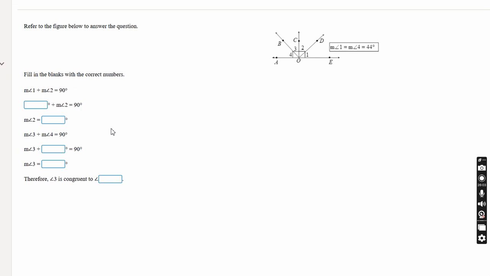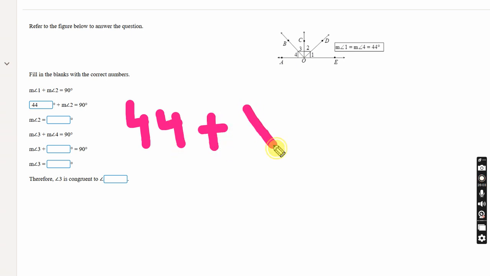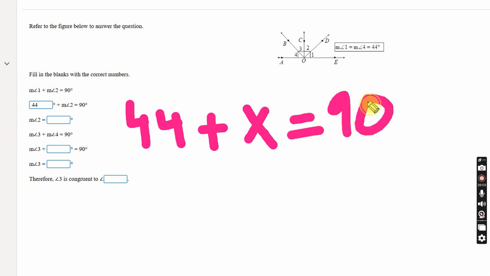Let's go to the next one. Here, measure angle 1 and measure angle 2. You're just going to replace measure angle 1 with what? They have given you all the numbers here, so it's an easy question. Don't get confused. Measure angle 1 is 44, they've given the answer there. Now solve for measure angle 2. So you know that 44 is measure angle 1 plus measure angle 2. Let's put an x in place of measure angle 2 because that's the unknown, equal to 90. When you subtract 90 minus 44, you get 46.